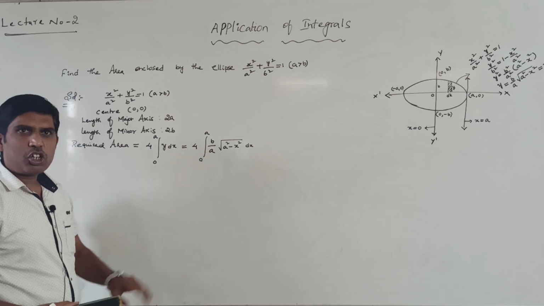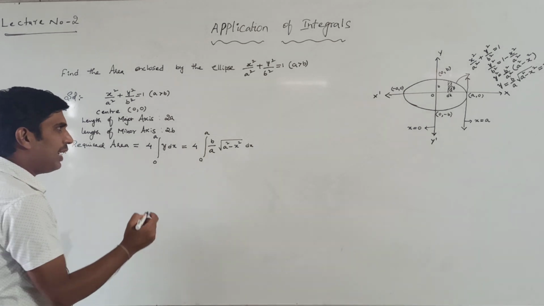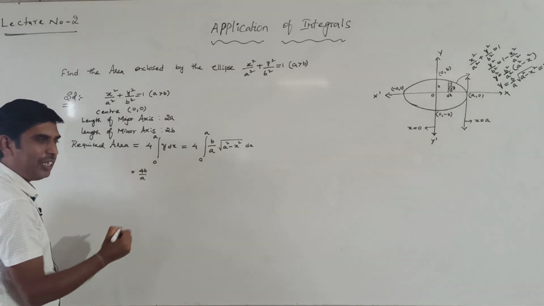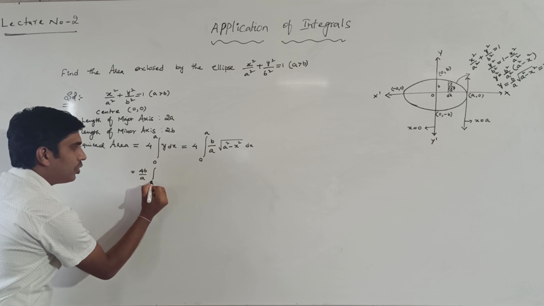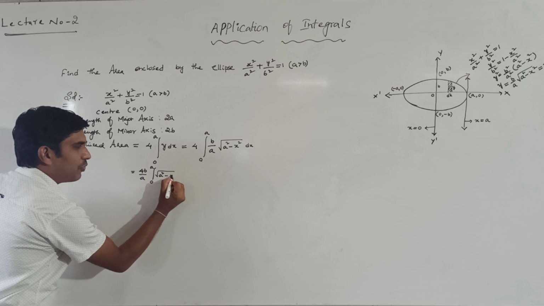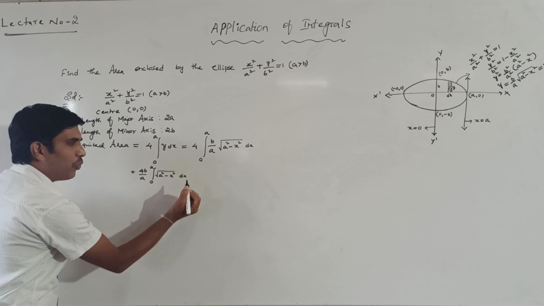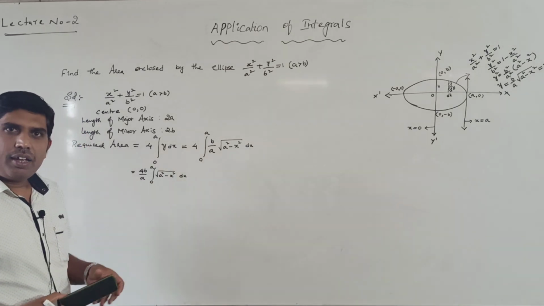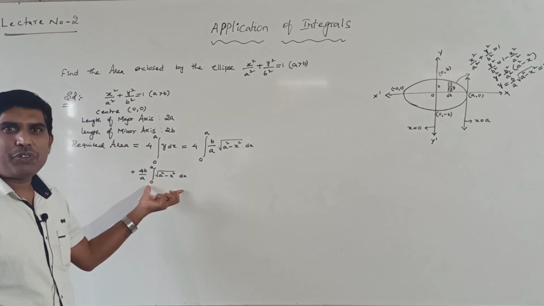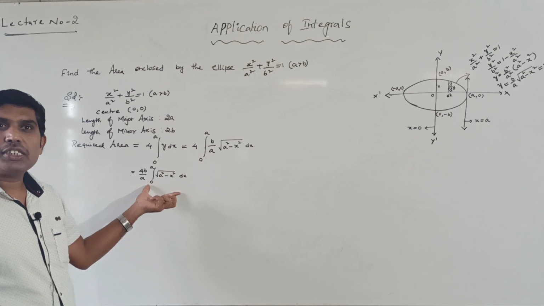So here a and b are constants, you can take them outside the integral. So what will we get? Nothing but 4b by a integral 0 to a root over a square minus x square dx. Already in the previous problem we evaluated this one, right? So we can easily know the steps.